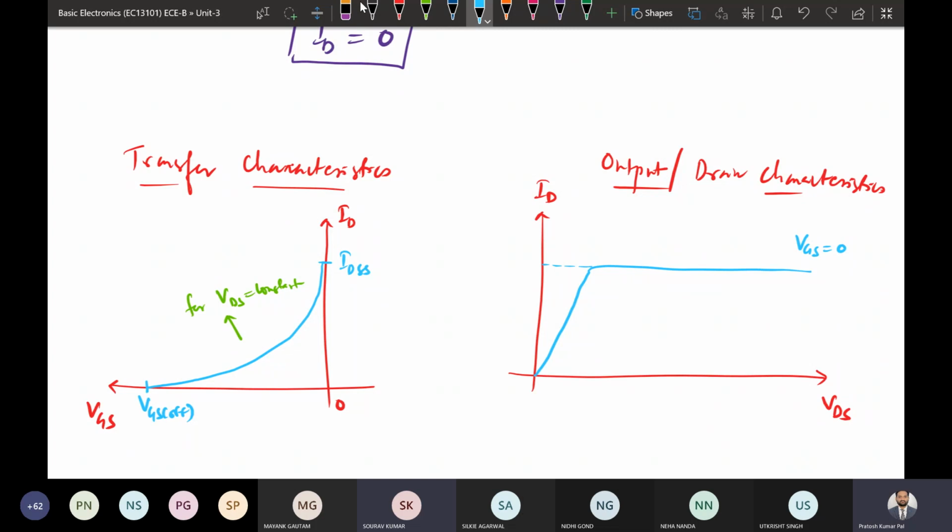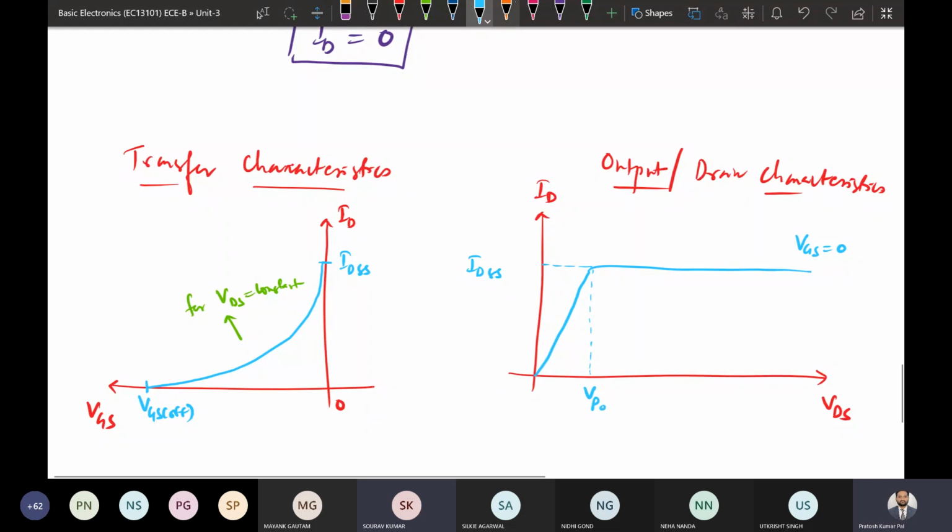Whatever current flows at that time will be IDSS, that is your maximum current. The point at which this current switches from linear to constant is called your pinch off voltage. So this is your pinch off voltage, VP0, we can call it.